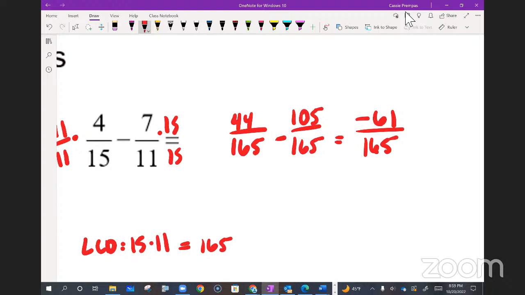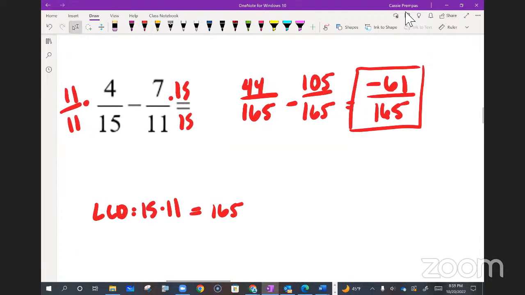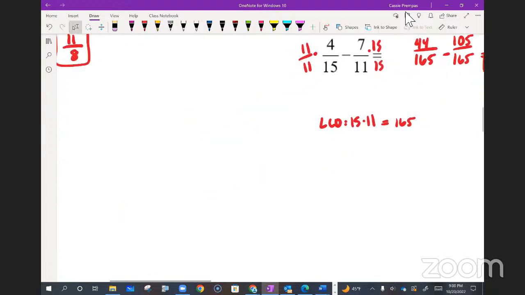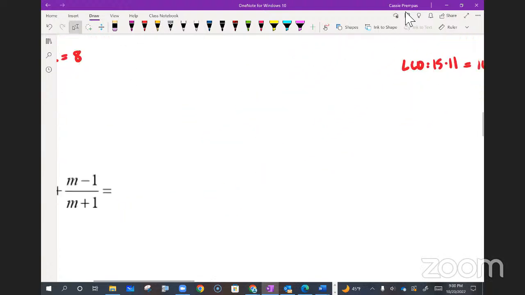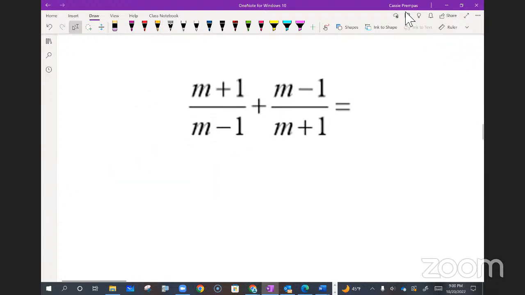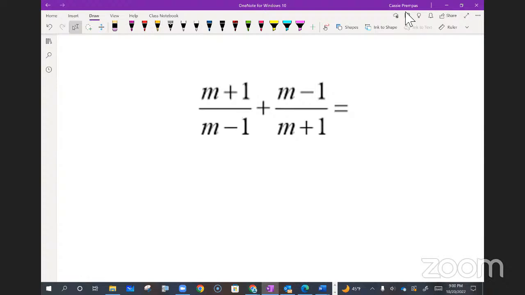Because all fractions are simplified when they have no common factors left in the numerator and denominator. This one is simplified. There are no common factors in 61 and 165. All right, we've warmed up. We're ready. Let's see how we would perform this addition problem.